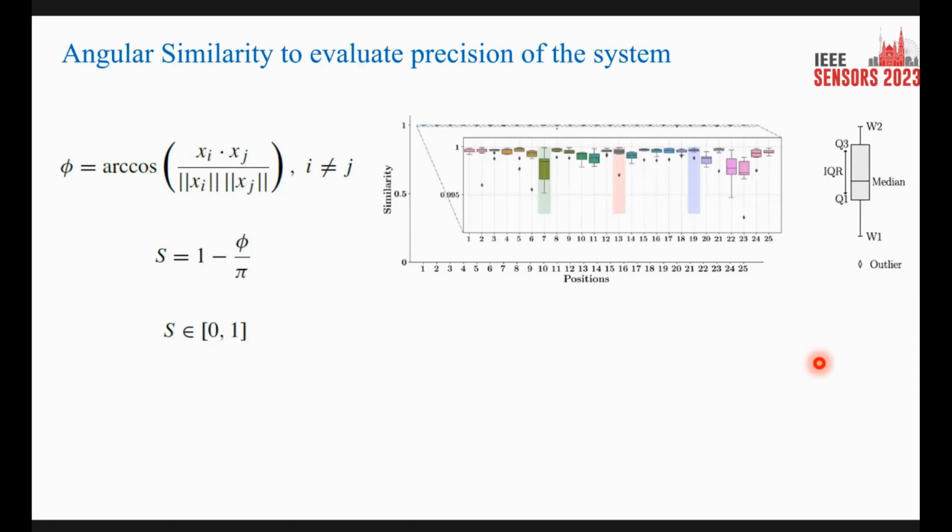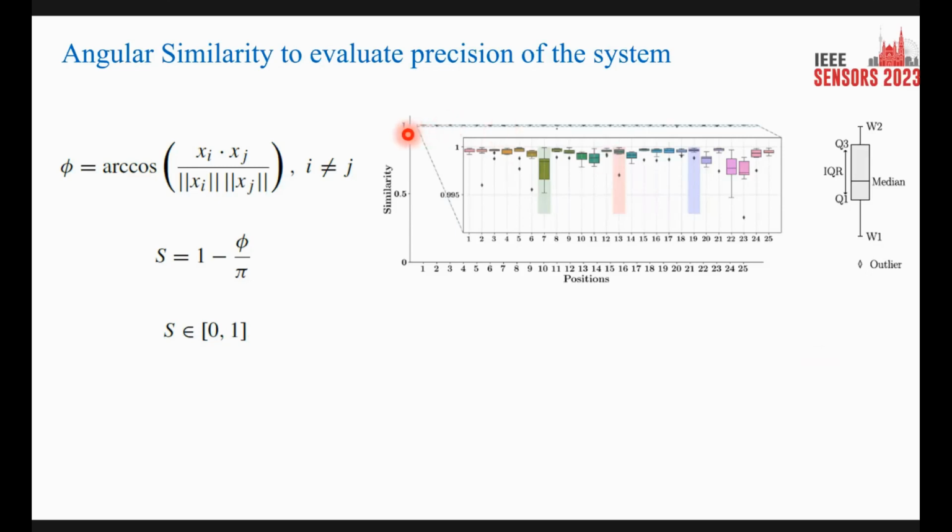What we tried as well is to evaluate the precision of the system. And for that, we do the dot product between these vectors allocated in these groups, these classes. And then with the angular similarity, we have an idea of how this behaves.